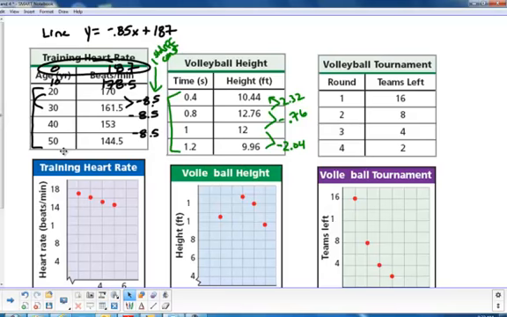Now if we take our second difference, negative 2.04 minus negative 0.76, we get negative 1.28. And negative 0.76 minus 2.32 is negative 3.08.